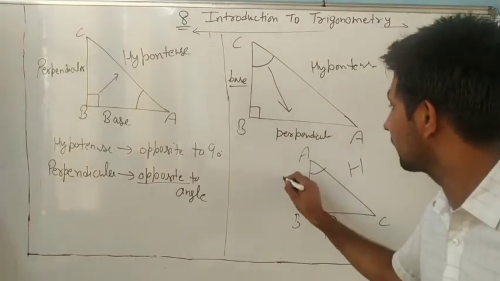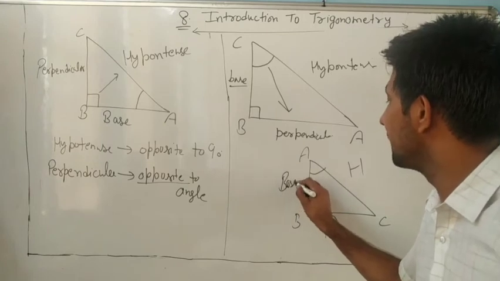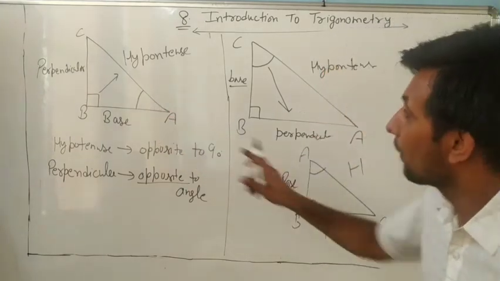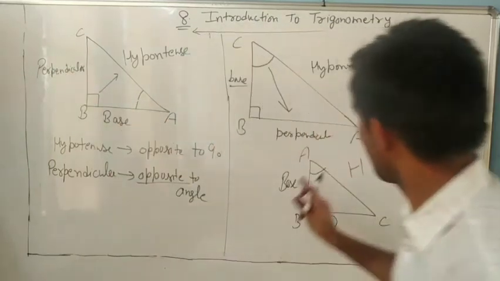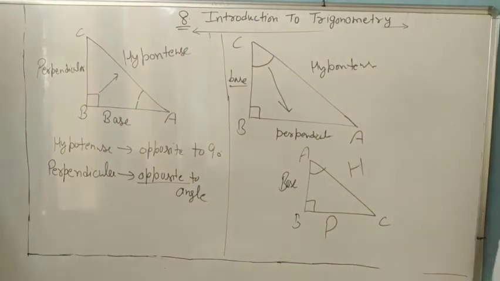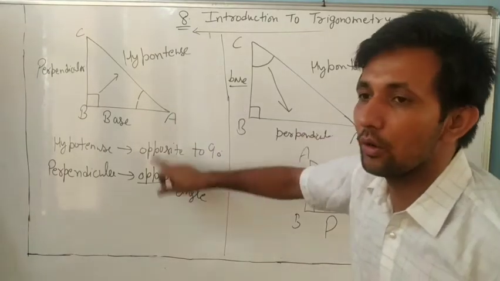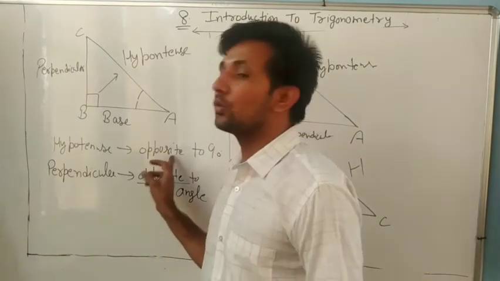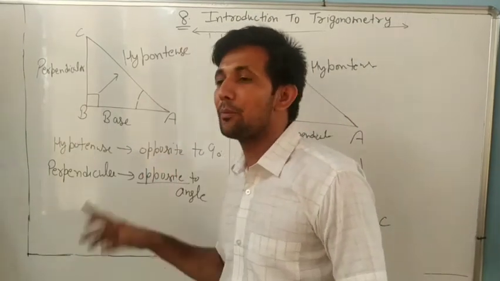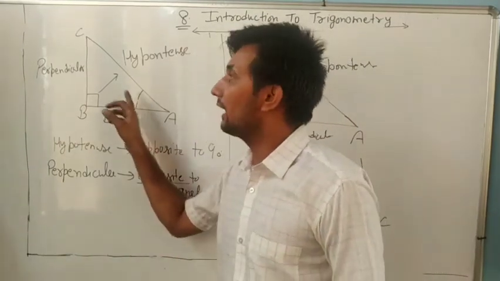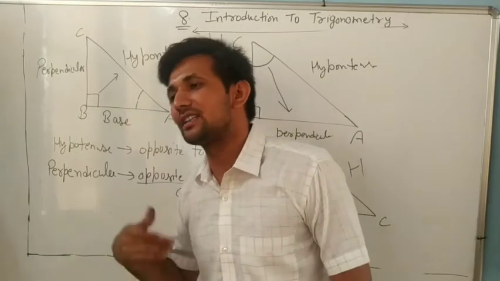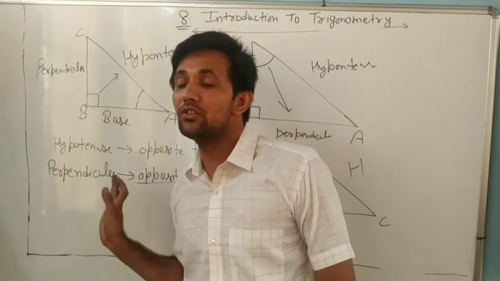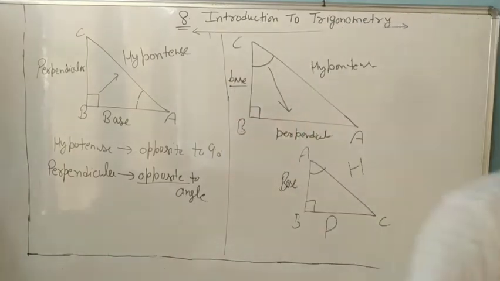Now this is the base. Opposite of angle A is perpendicular. Please always remember and note this down: opposite to 90 is hypotenuse, opposite to the angle is perpendicular, and the third side is base. It is very important. Please note it down.